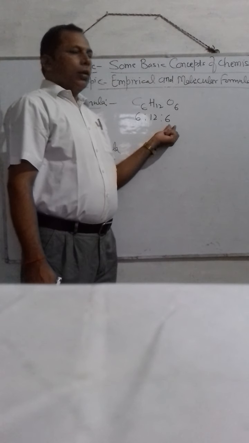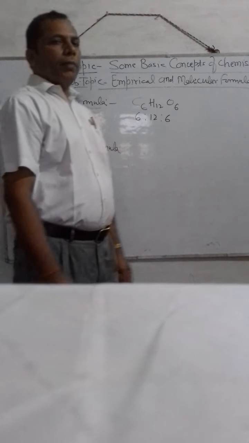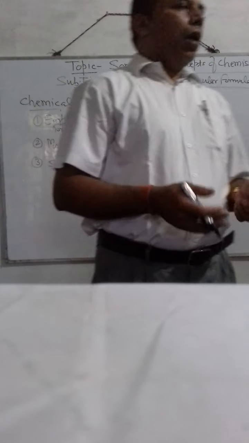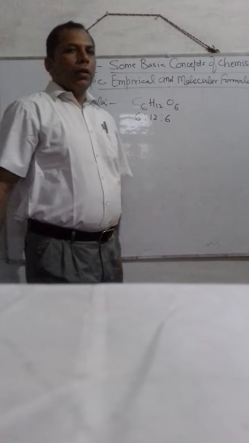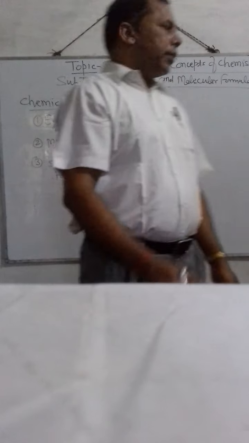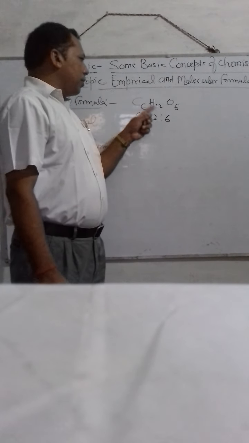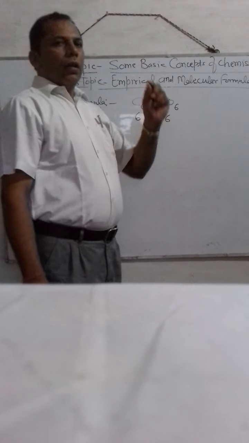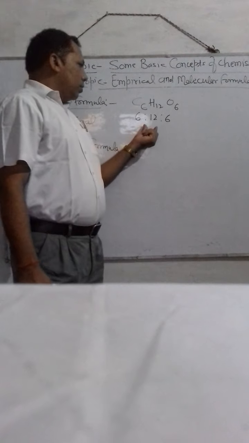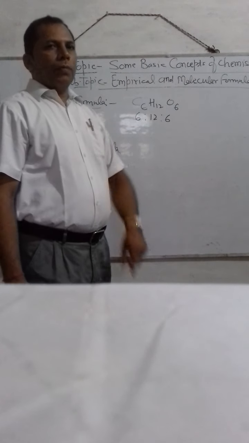In order to express the empirical formula, we have to remove the common factor, also known as multiplying factor, and write the simplest whole number ratio. Then we will get the empirical formula of the compound.